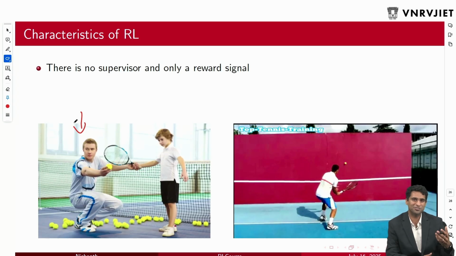This is the supervised learning setting. But in reinforcement learning, typically there is an agent who is just playing the game. For example, here, this player is just hitting the ball to a wall, seeing how the ball interacts, and learning how to hit the ball better over time.